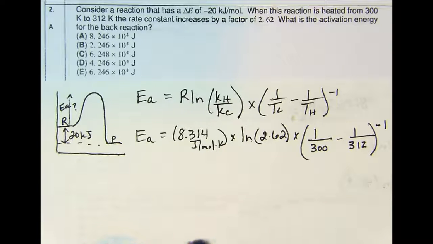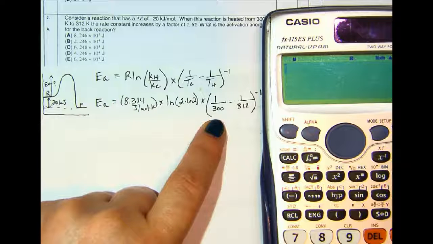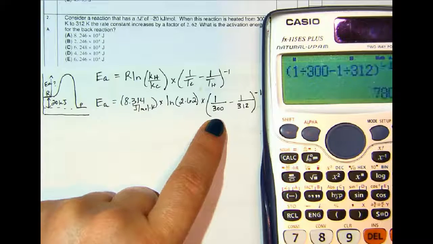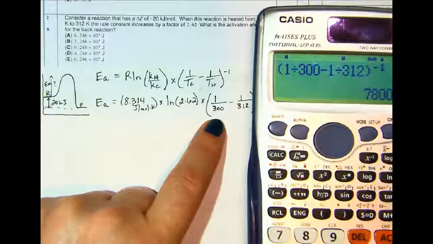So now let's type this into our calculator. First I'll work what's in the parentheses. I'll have open parenthesis 1 divided by 300 minus 1 divided by 312, close parenthesis, and all of that raised to the negative 1, which is going to give me 7,800.